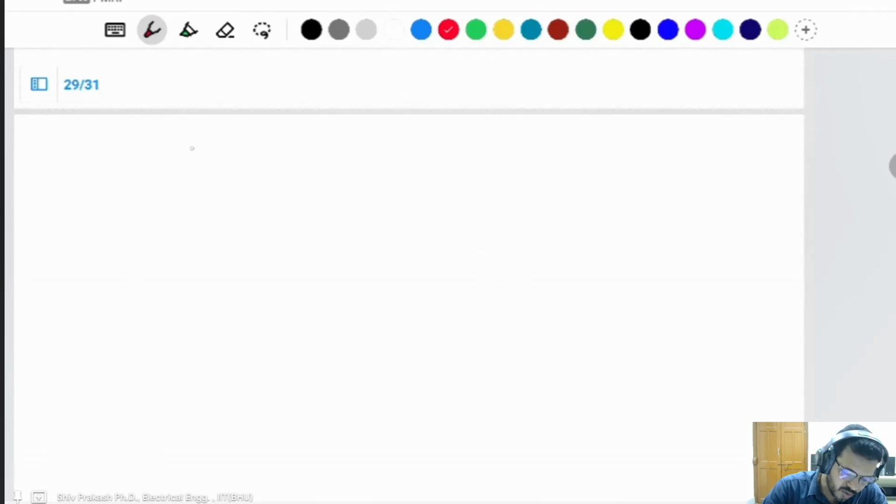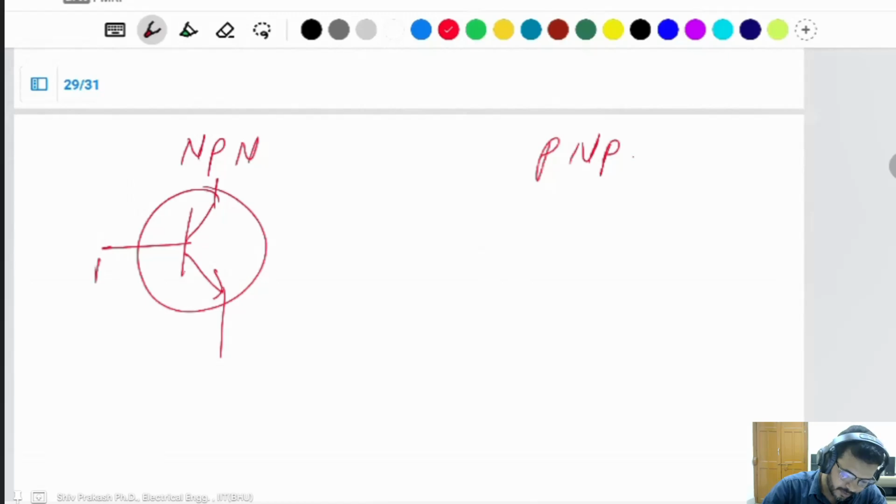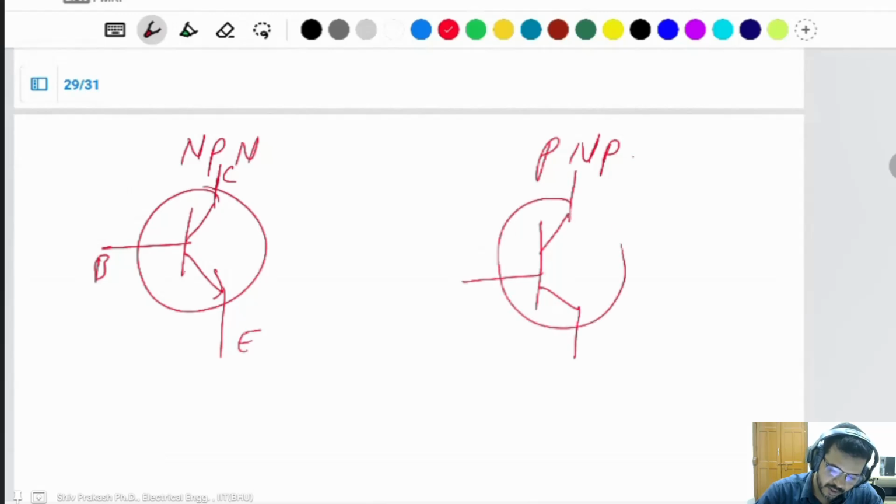You know there are two transistors, NPN and PNP. Simple. This will be the base, emitter, collector. In PNP, the same terminals: collector, base, emitter.